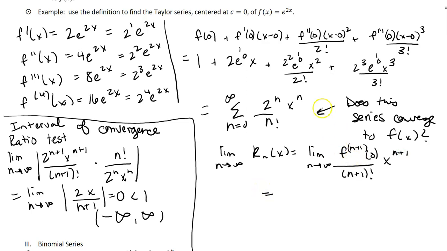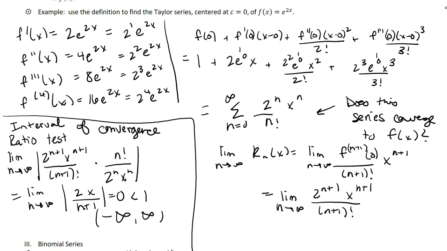And we know that the n plus first derivative is going to be 2 to the n plus first power, so we'll have the limit as n approaches infinity of 2 to the n plus first power times e to the 0 power, so we'll just leave that out, x to the n plus 1, all over n plus 1 factorial. And you can plug numbers into this and test.